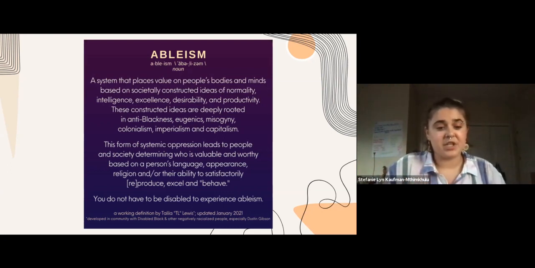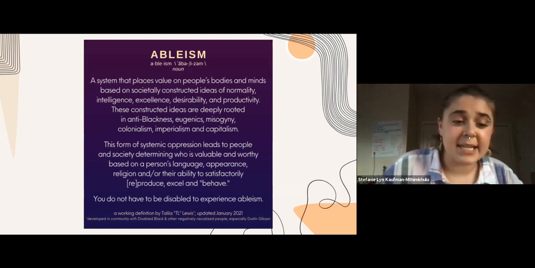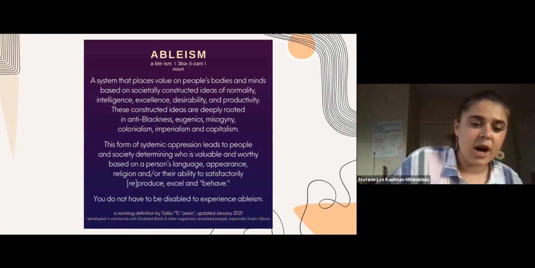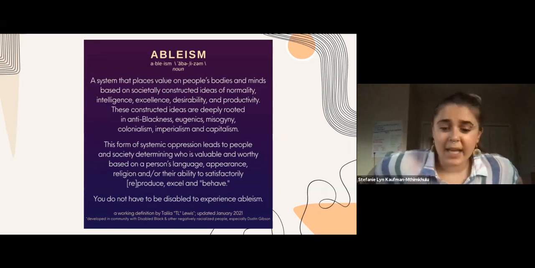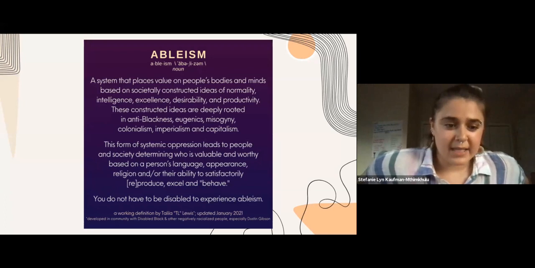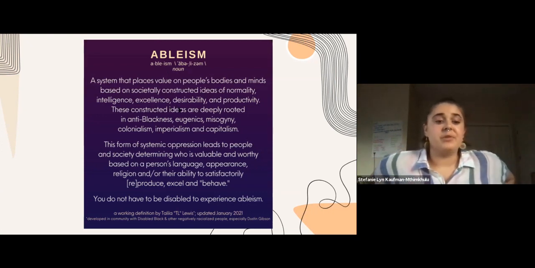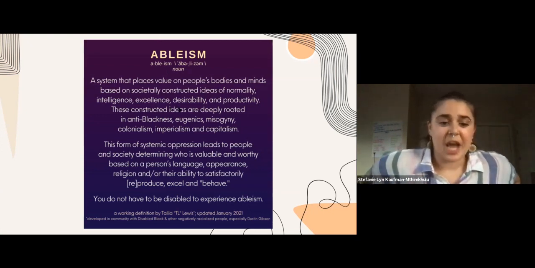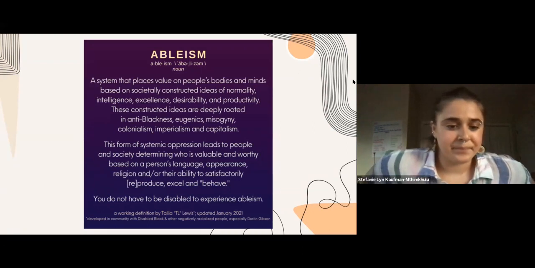So I'll read this definition from Talila Lewis. A system that places value on people's bodies and minds based on societally constructed ideas of normality, intelligence, excellence, desirability, and productivity. These constructed ideas are deeply rooted in anti-Blackness, eugenics, misogyny, colonialism, imperialism, and capitalism.